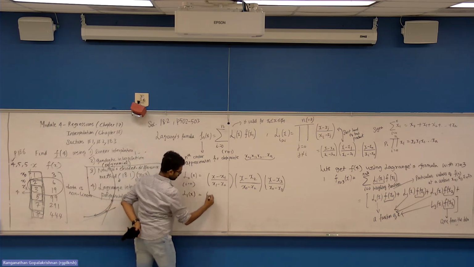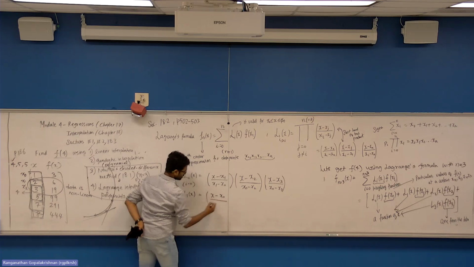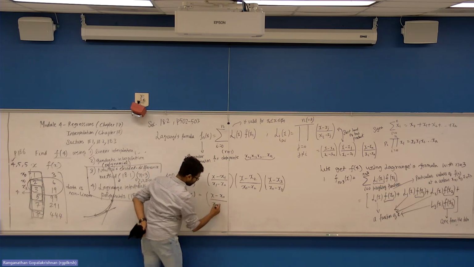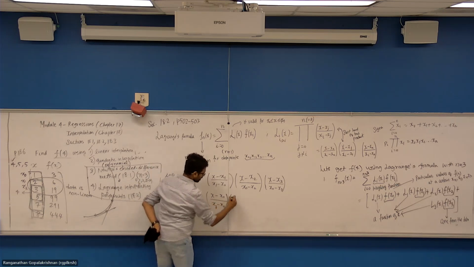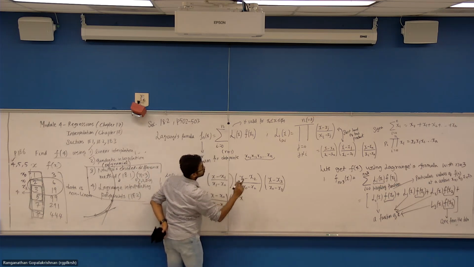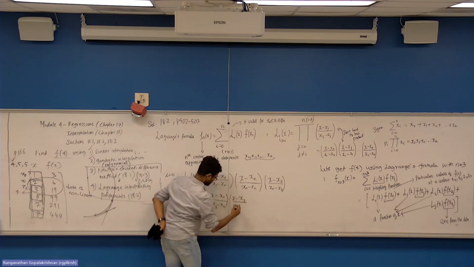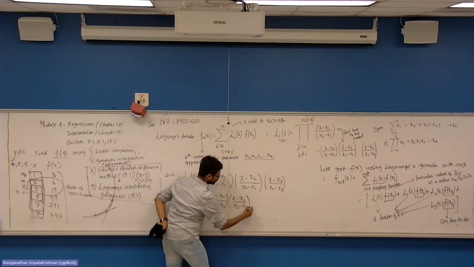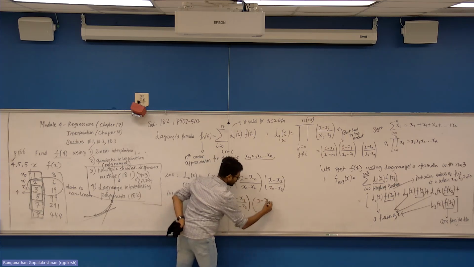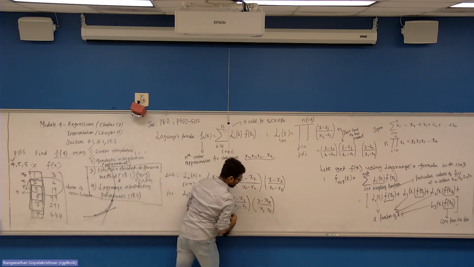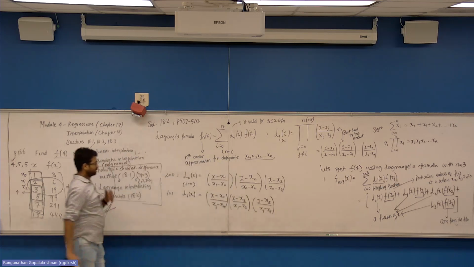That will be x minus x naught divided by x1 minus x naught, x minus x2 divided by x1 minus x2, x minus x3 divided by x1 minus x3. Well, it's a little tricky in the beginning, but once you start understanding it, it will be easy.